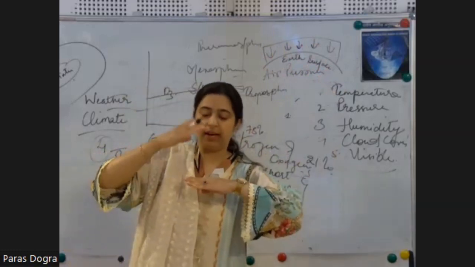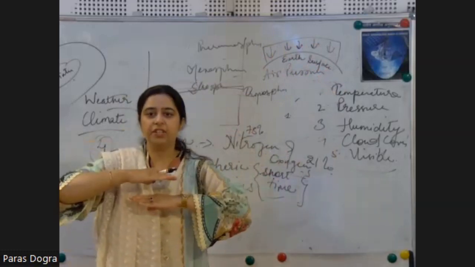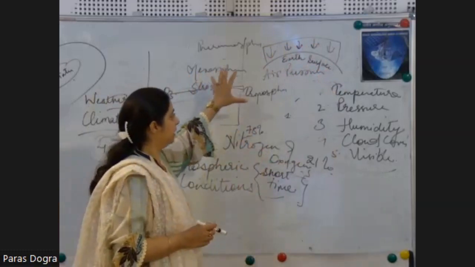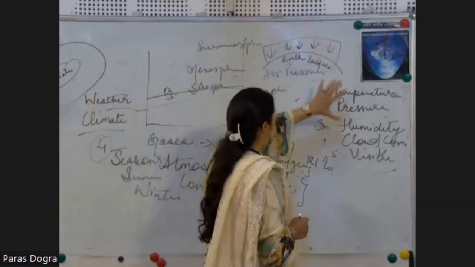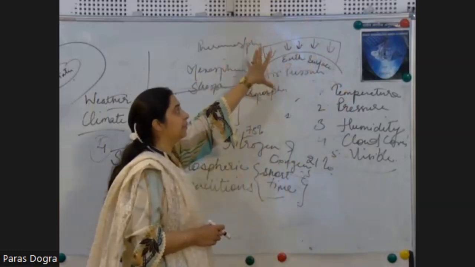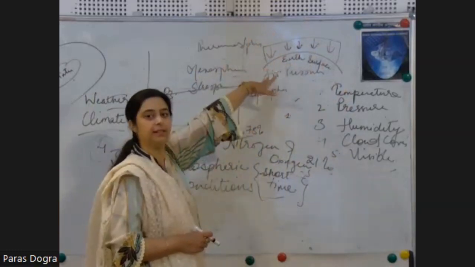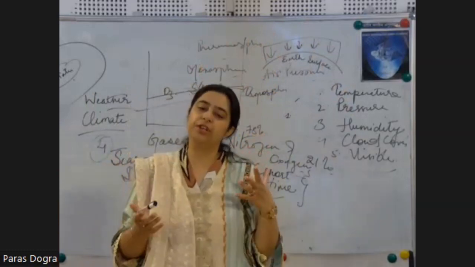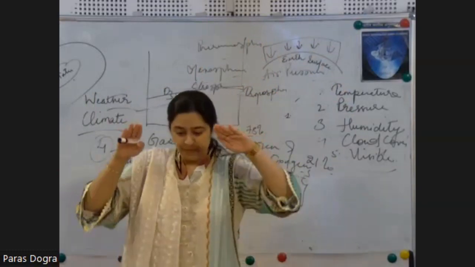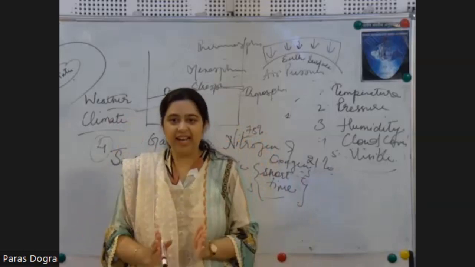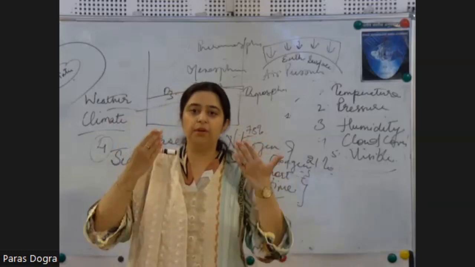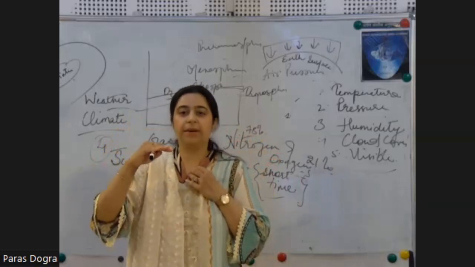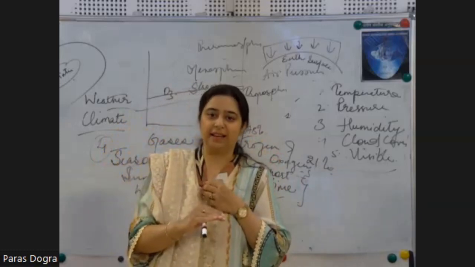And no doubt, gravity is the main reason. And the components of the atmosphere which we discussed earlier have a quite high percentage near the Earth's surface. So that's why we can relate that atmospheric pressure is quite high near the Earth's surface. And as we move upwards or gain height, this atmospheric pressure is decreasing.